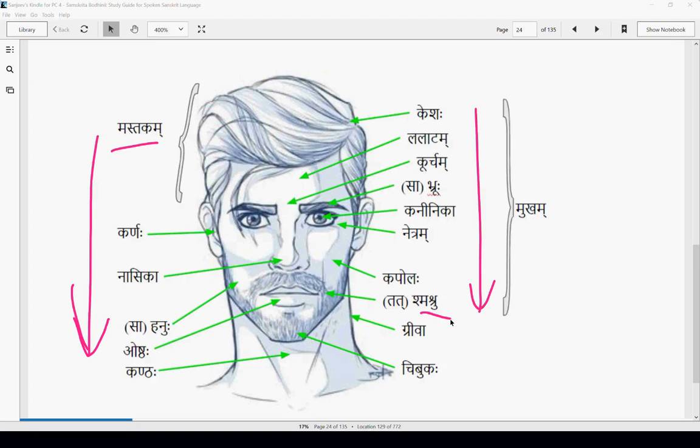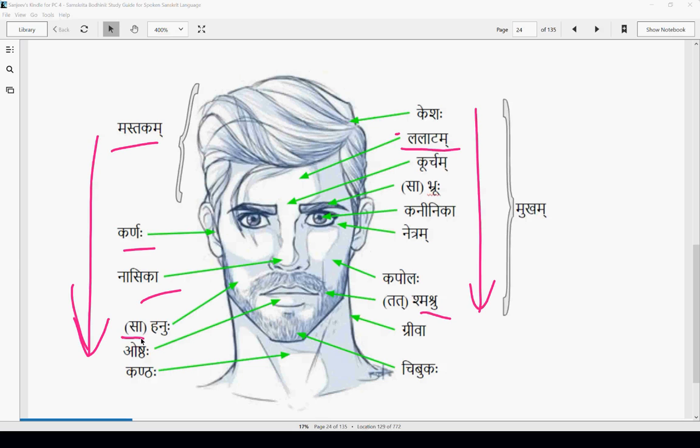So here also the gender, the lingam, can be understood. If it ends in a and visarga, it is pullinga. If it ends in a, it is strilinga. And if it is like phalam, vatayanam, ending in m, that is assumed as a napumsakalinga word. Here lalatam, kurcham, netram are napumsakalinga. But wherever confusion could arise about the gender, it is given in the parenthesis, like hanuhu.